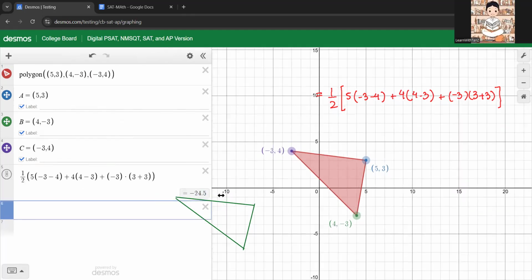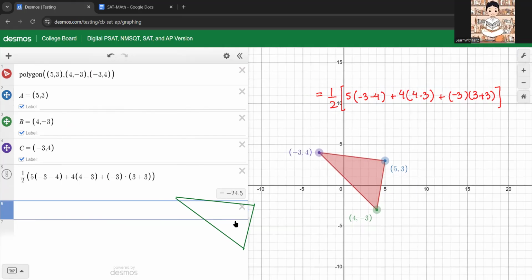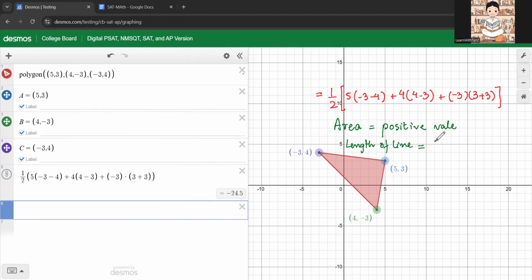What I will do is take the positive value, because it is area. Area can never be negative. Area is always a positive value. Also, the length of a line is also a positive value.